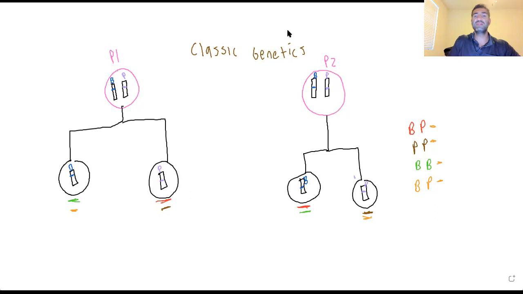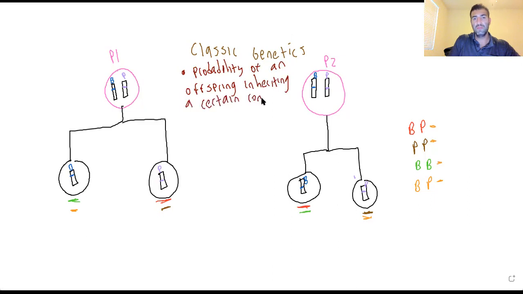That's what classic genetics is, really, it is the probability of an offspring inheriting a certain combination of alleles. That's basically it. Now, of course, it's much more complicated than that.